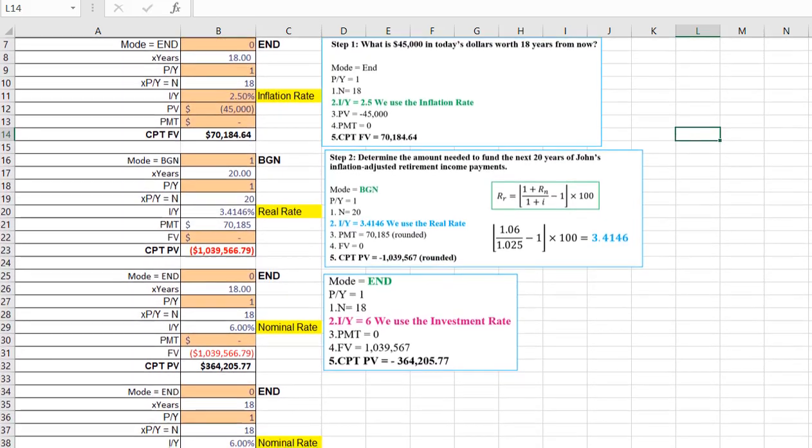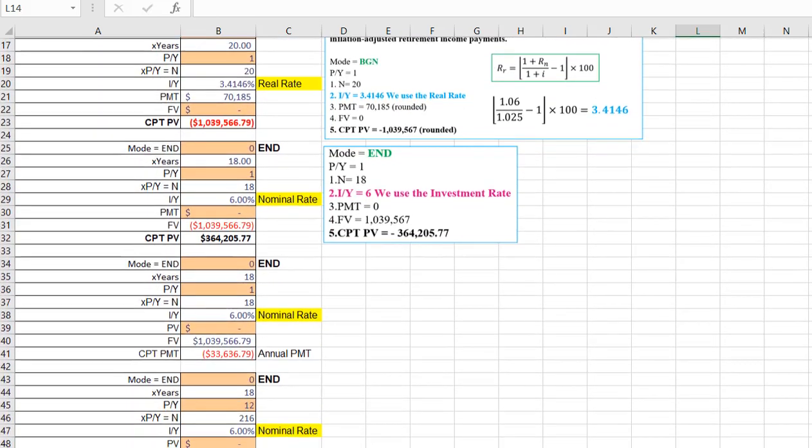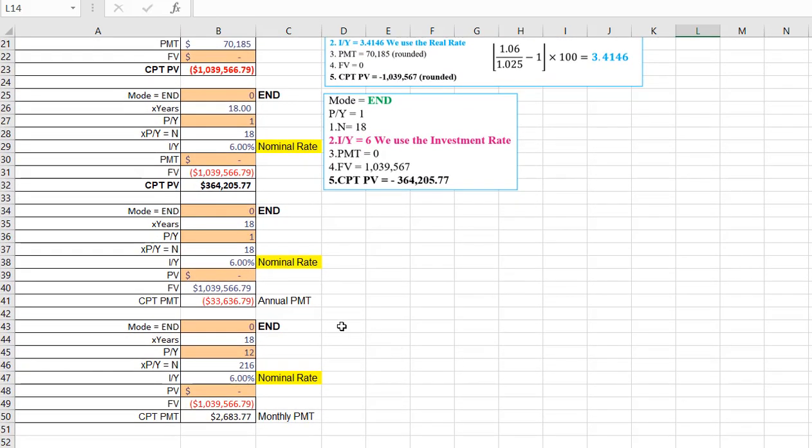Then if I just scroll down a little bit, what we did here is that we did it if we had to do an annual payment at the end of the year or a monthly payment, $263.77.